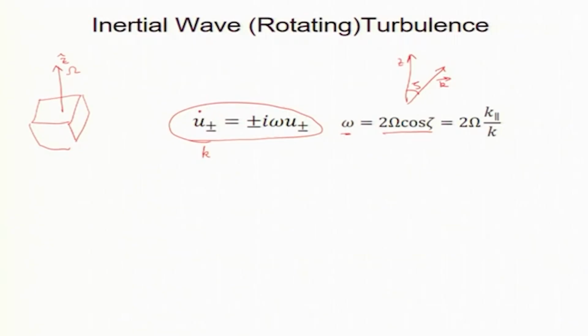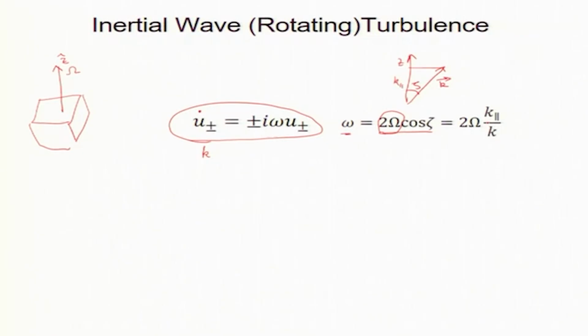So, this is not like non-dispersive waves, this is dispersive waves. It is not like normal waves where omega is proportional to k. This is a property of this system. So, omega is proportional to 2 Omega and there is k dependence which comes by zeta, right. So, cos zeta will be k parallel along the z direction, k parallel by k, right. So, this is my omega.